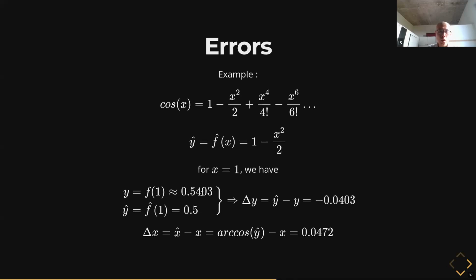So in this example, if I calculate the precise cosine value when x is 1, as shown here, the corresponding true y value is 0.5403. Then the value approximated using the expression shown here is 0.5. Then I can calculate the difference between the two. It's on the order of 0.0403.